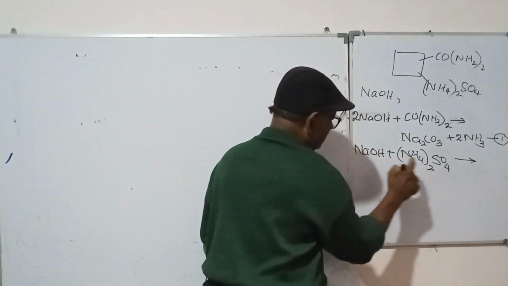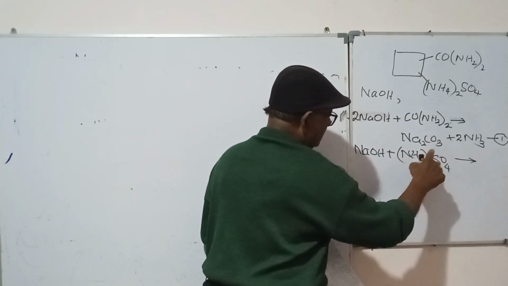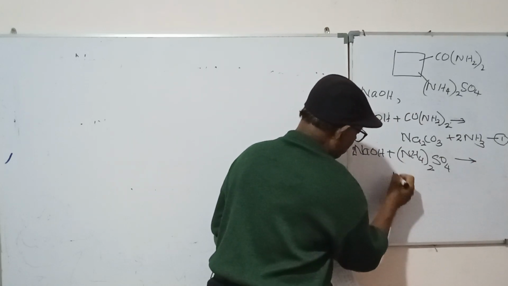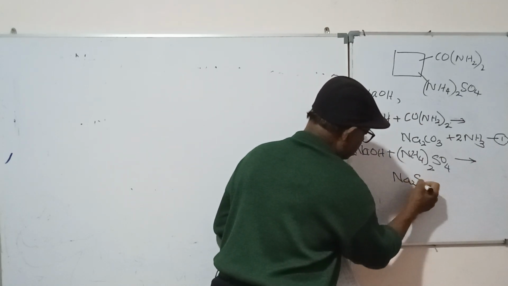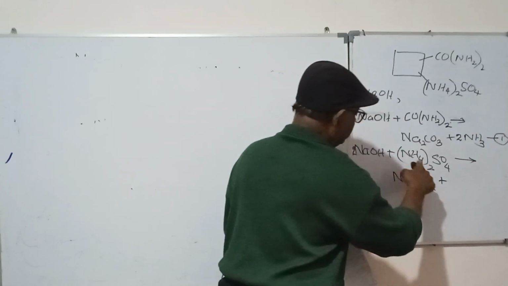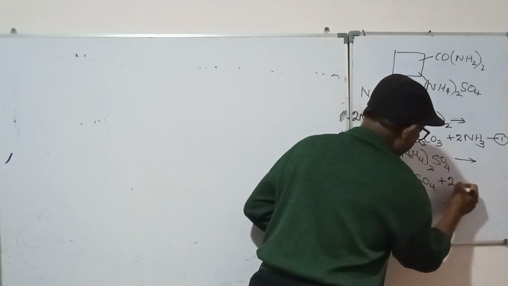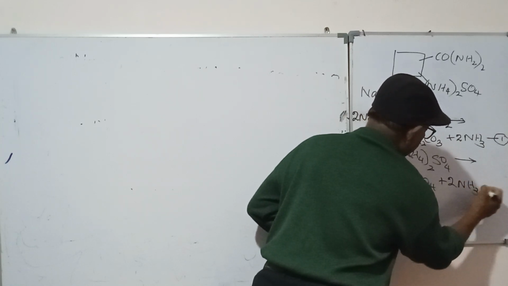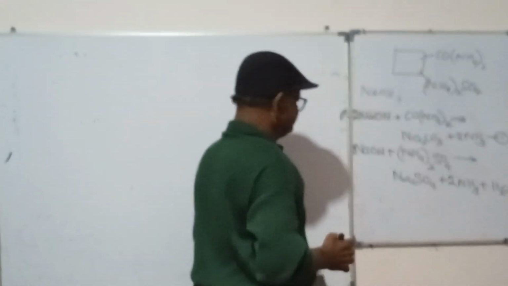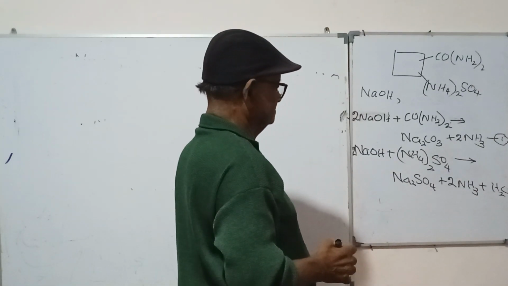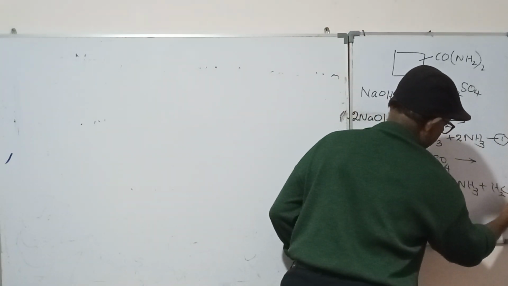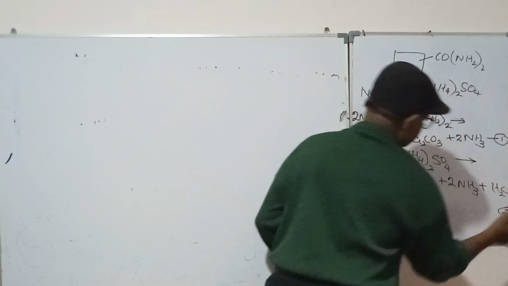So here also, 2NaOH, sodium sulfate plus ammonia, (NH4)2 gives 2 ammonia. Here water is also formed. This is the second equation. I name this as second equation.